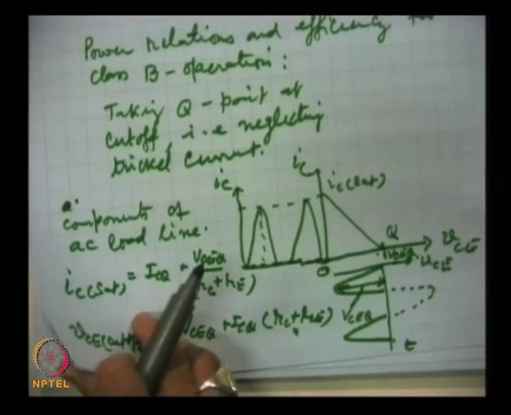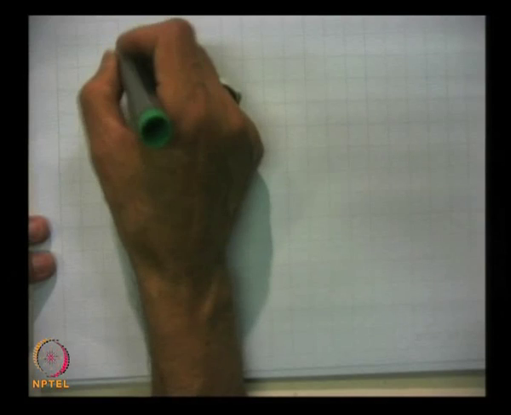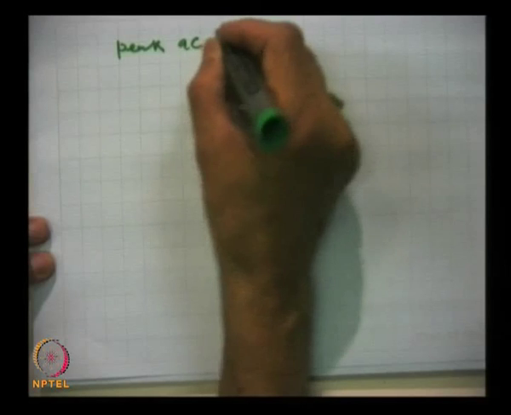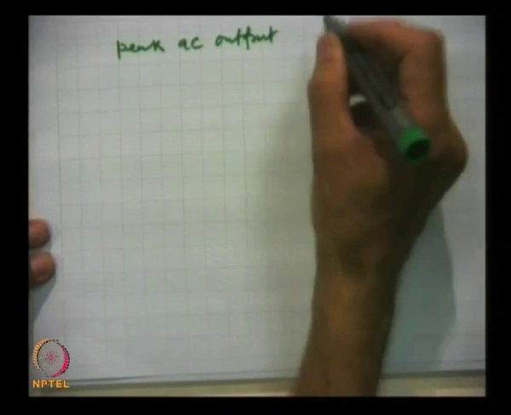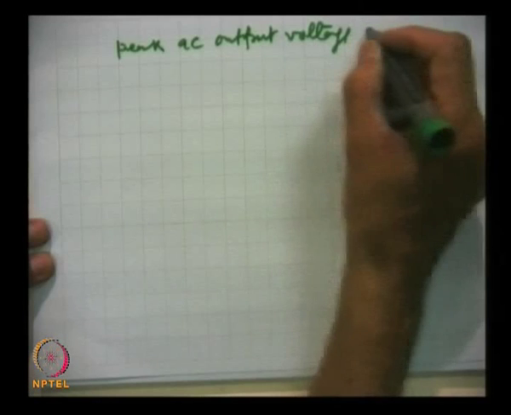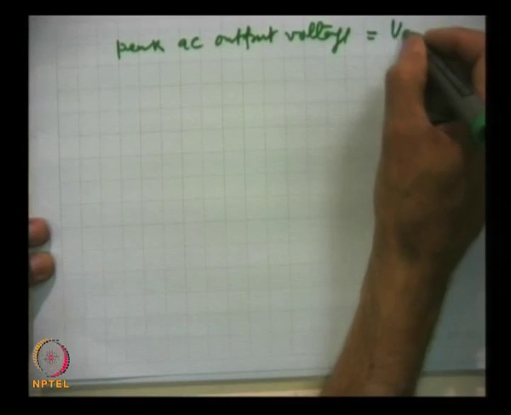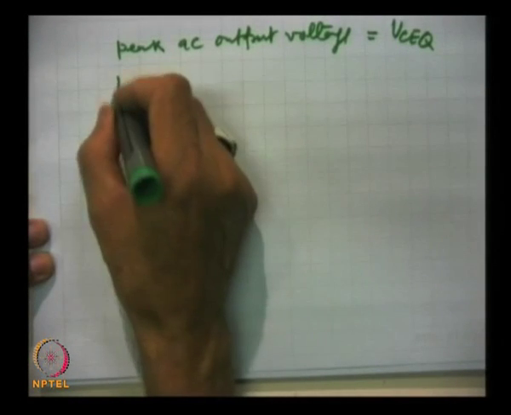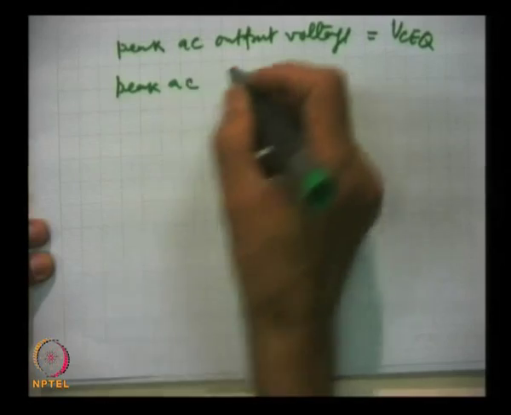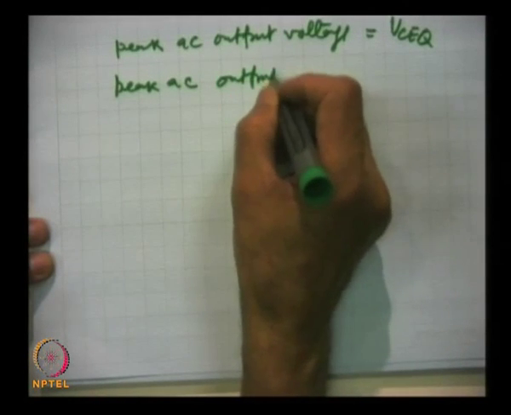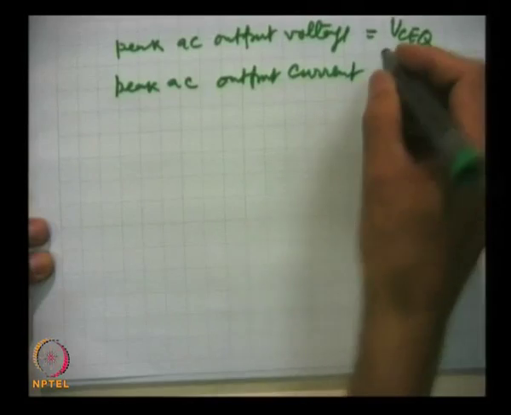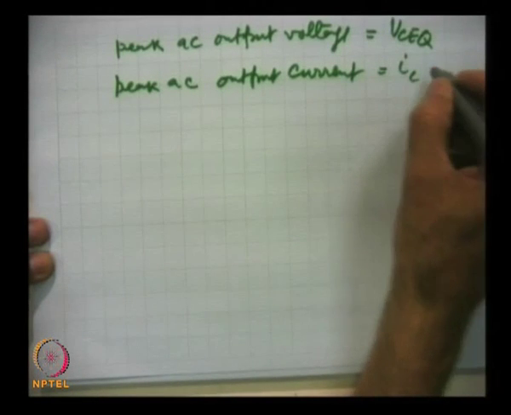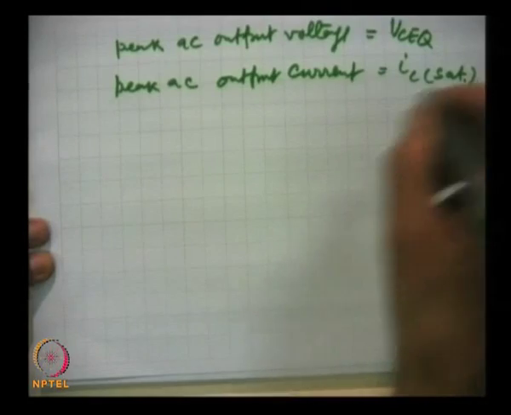So, the peak AC output voltage is VCEQ, and the peak AC output current is IC at saturation.